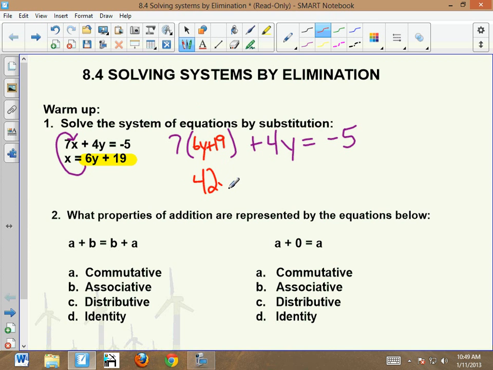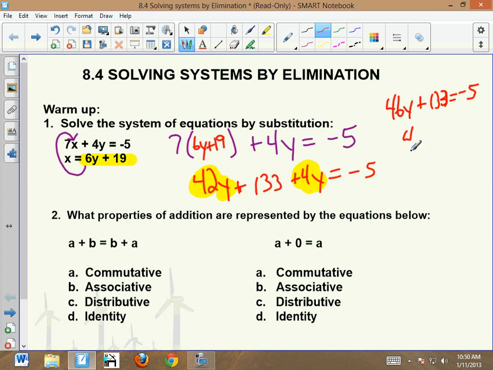Remember to keep your y. 7 times 19 is 133 plus 4y equals negative 5. Now I have to combine my 42y and my 4y. So that gives me 46y plus 133 equals negative 5.